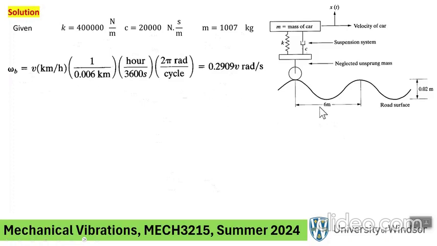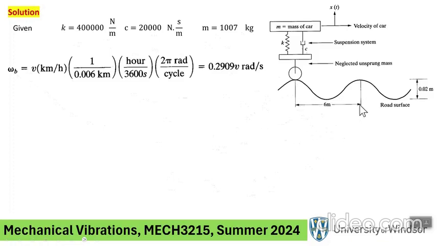Now, let me show you how to get the frequency right away. First of all, if the speed is V, the time that it takes to go from this peak to this peak is 6 meters over V. That is the time period.